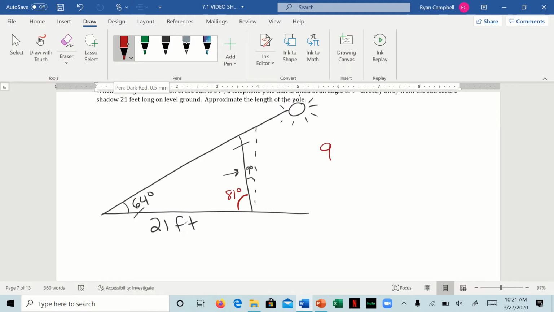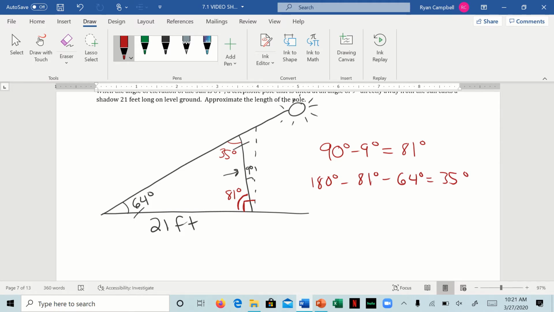Because the whole thing from here is 90 degrees. So if you subtract that 9-degree slant, you get 81 degrees. Which would mean, of course, that this angle up here would be 35, right? We get 180 minus 81 minus 64, which is 35.